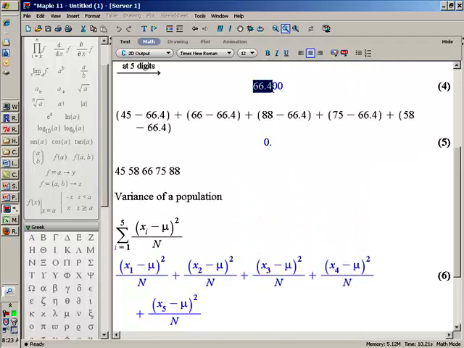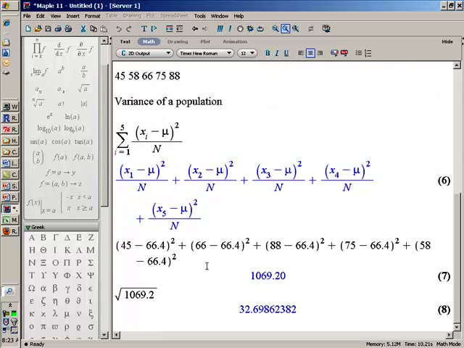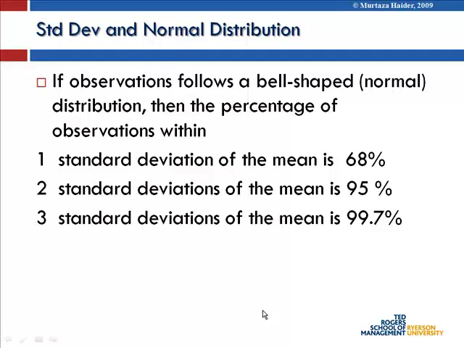Now, if we were to go back to our example where we were working with the mean value of 66.4, the average grade of those 5 students that we have been discussing, and the standard deviation is 32.69, and if the data are normally distributed, what we are saying is that almost 68% of the students would have a grade for that test which would be either the mean value +1 standard deviation or the mean value -1 standard deviation.